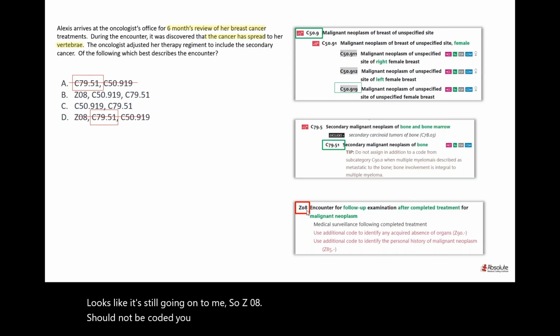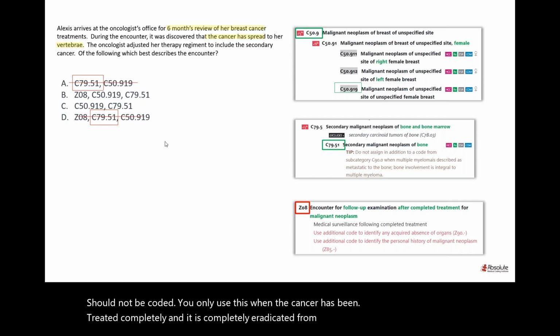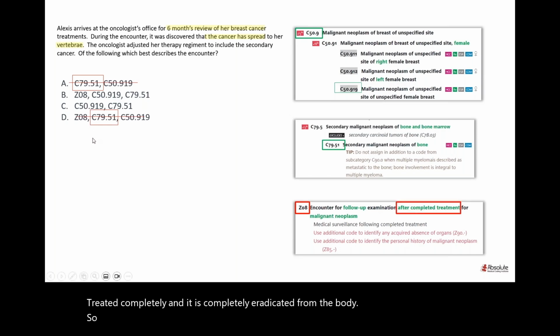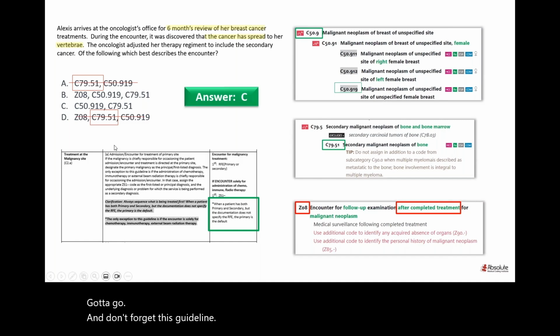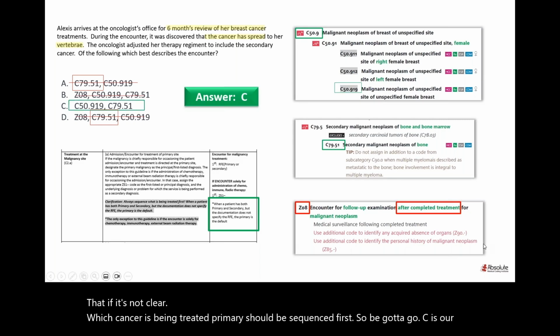You only use this when the cancer has been treated completely and it is completely eradicated from the body. So B has to go. And don't forget this guideline that if it's not clear which cancer is being treated, primary should be sequenced first. So B has to go, C is our answer.